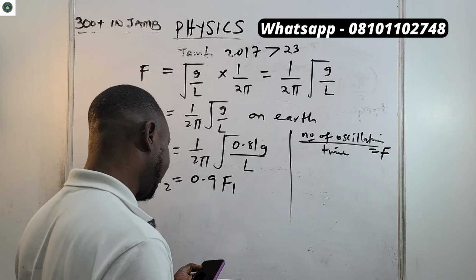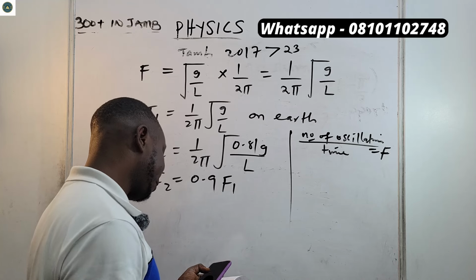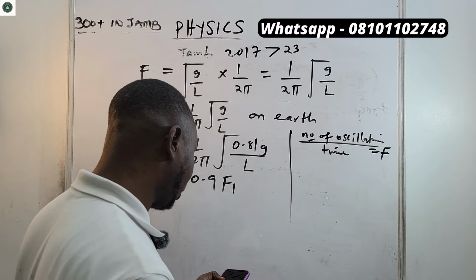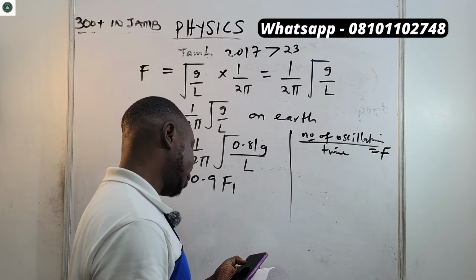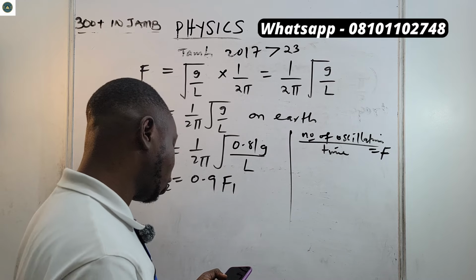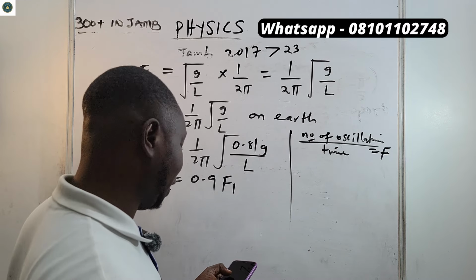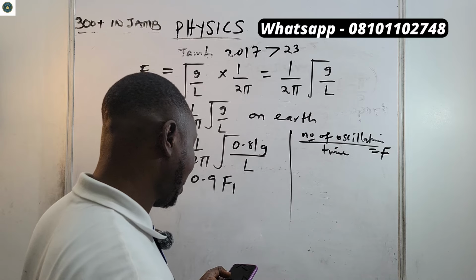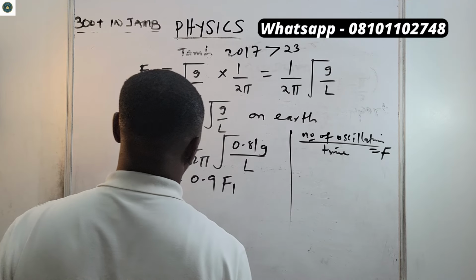So in that case, we have oscillation. Now F2 is 0.9 times 90, which is equal to 81 oscillations per minute. So let's see.